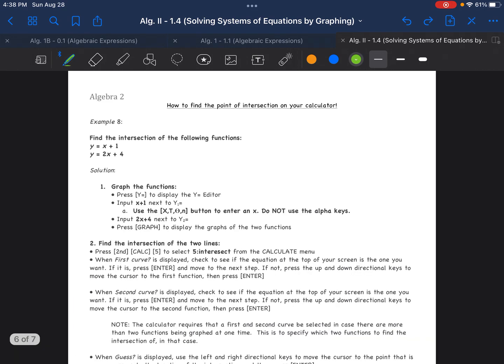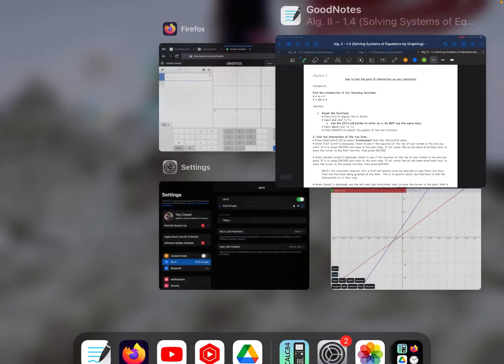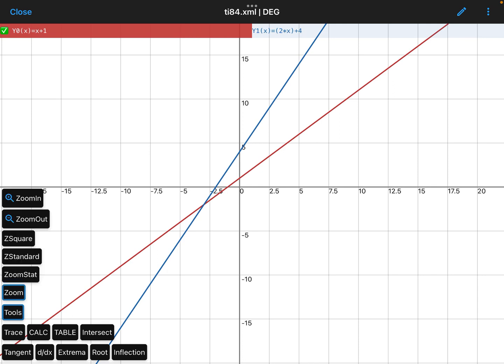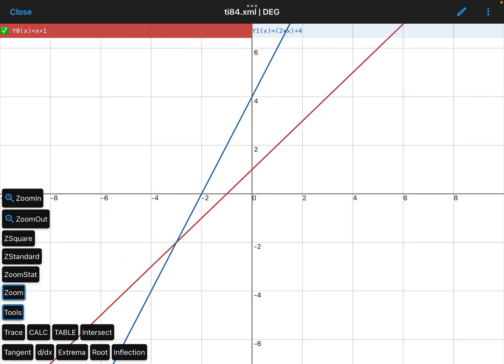You can hit zoom out, zoom out, zoom out, zoom in, zoom in, zoom in, or zoom standard, which is what I'm about to hit on my Calc 84 app, zoom standard, and that just brings me back to what it was at the beginning. On the actual calculator, you can also adjust the window you have, which is quite handy to do. We don't have that option on Calc 84 though. We won't actually need to on Calc 84. Here's the zoom out, zoom in we can do.